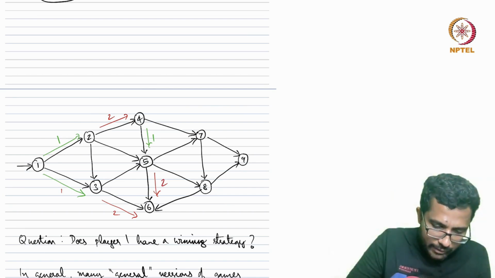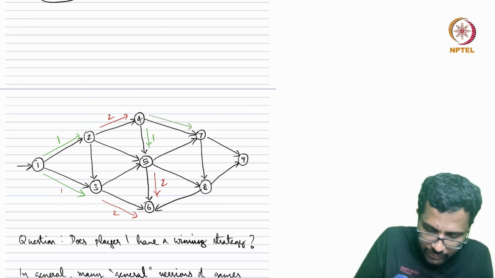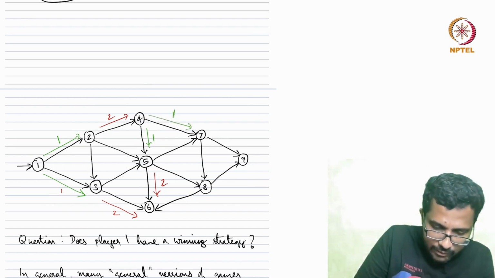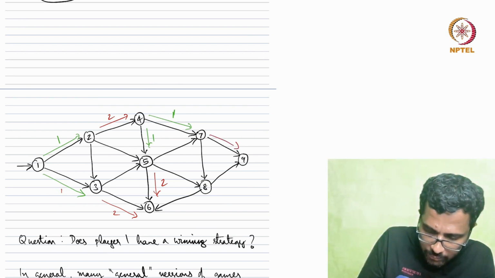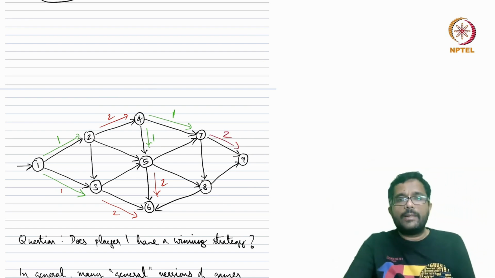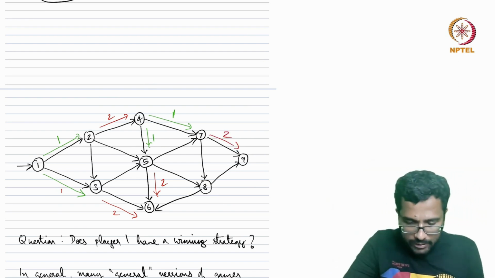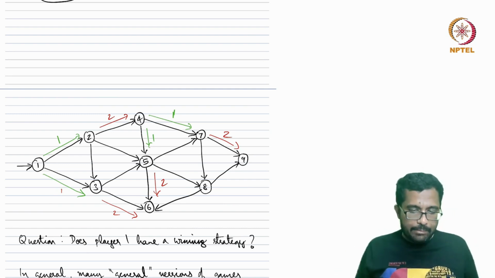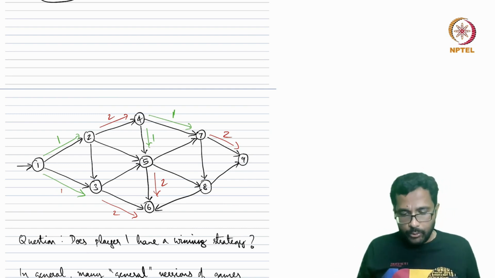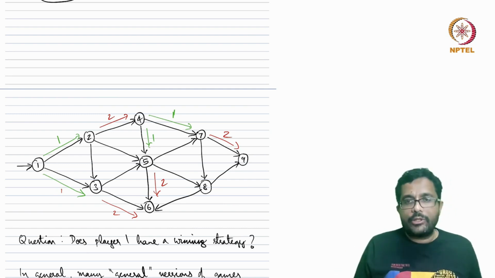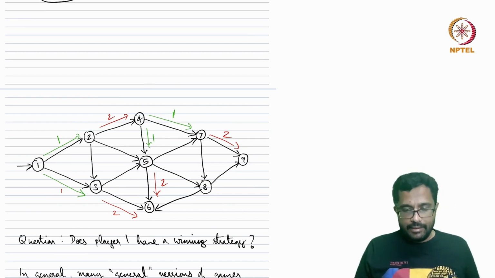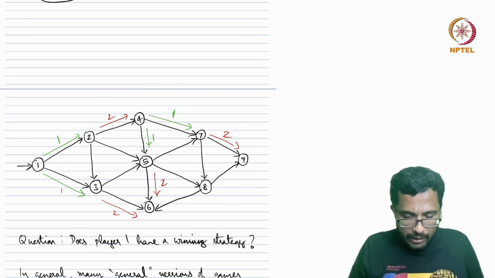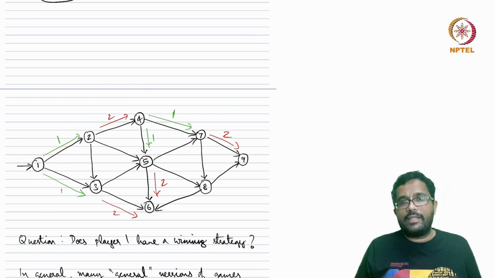If player 1 had taken this way to 7, then player 2 can go to 9 and again player 1 is stuck. So now you see, whichever step player 1 takes, player 2 has an answer by which he will eventually end up cornering player 1. So in this particular layout, player 1 does not have a winning strategy.